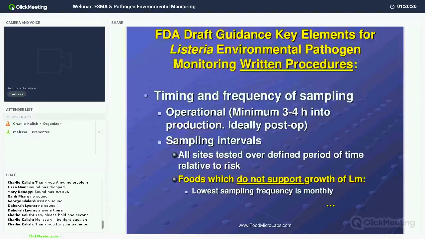And of course the trick is keeping control of those until we understand what the results are, so we don't put ourselves in a potential issue with recall.